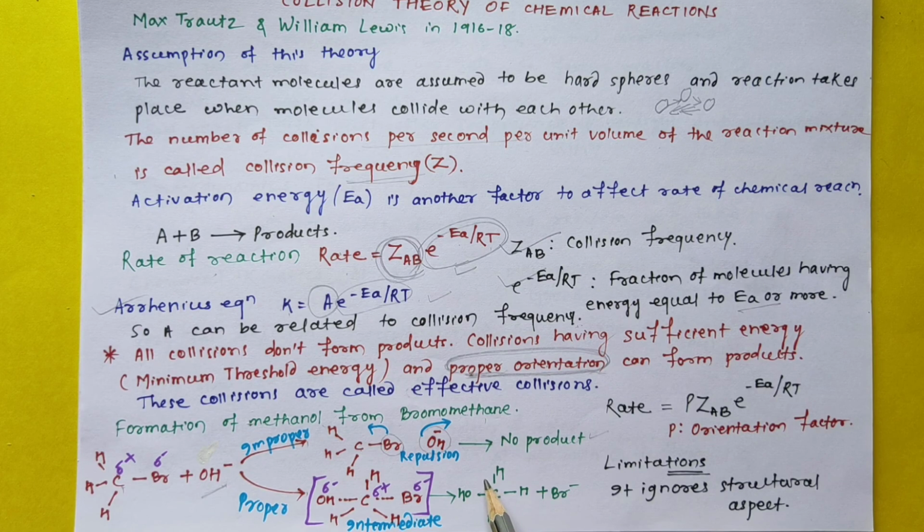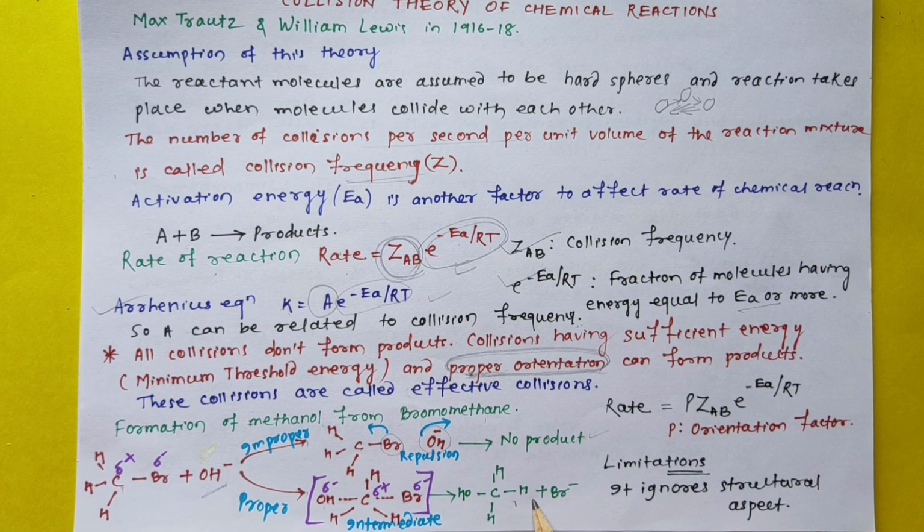But in the second case, OH minus approaches from the side just opposite to that of bromine. Then OH minus approaches and forms an intermediate with bromomethane and finally forms the product. Okay, that means proper orientation also plays an important role in the formation of a product.